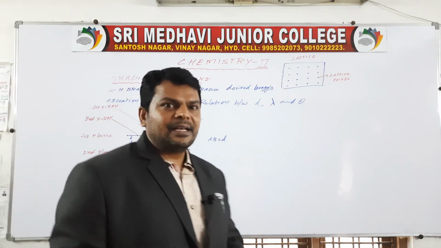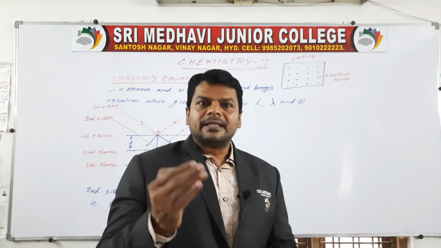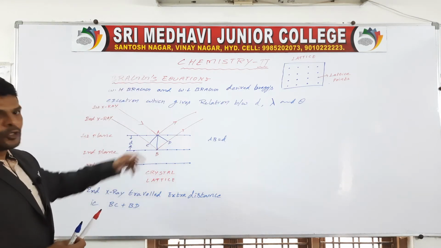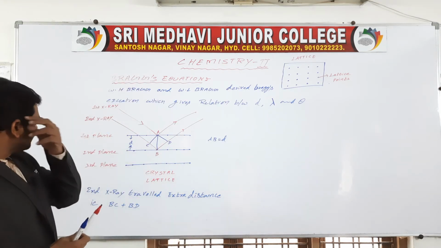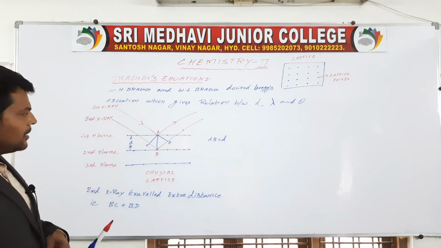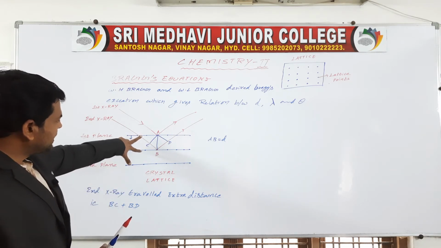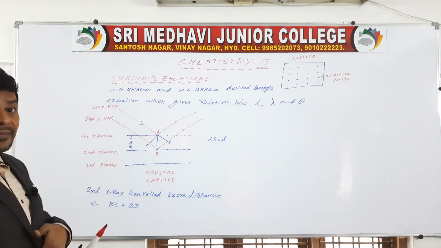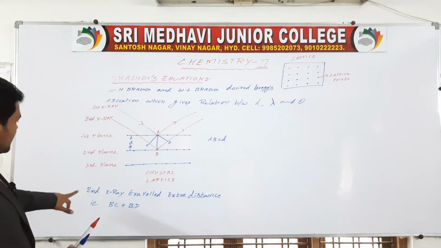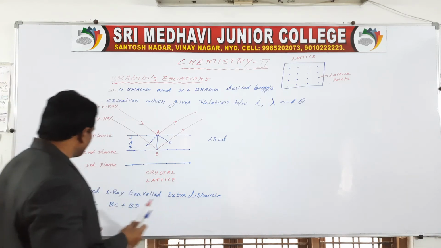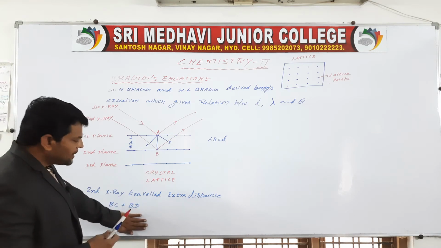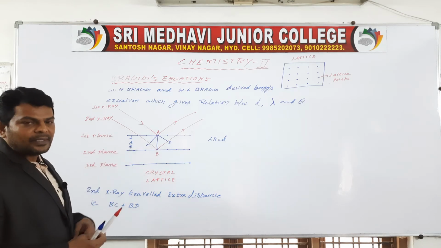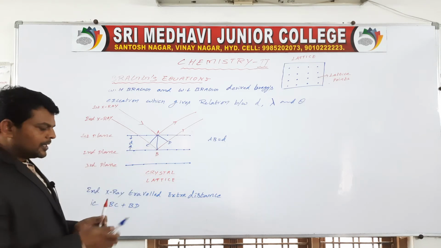When the waves are in phase, they undergo constructive interference. Then the path difference between the two planes, the wavelength means the distance between the two planes is an integral multiple, n lambda. The second X-ray travels an extra distance, that is BC plus BD. Now BC plus BD is equal to n lambda. Why? Because the waves are in phase, they undergo constructive interference.